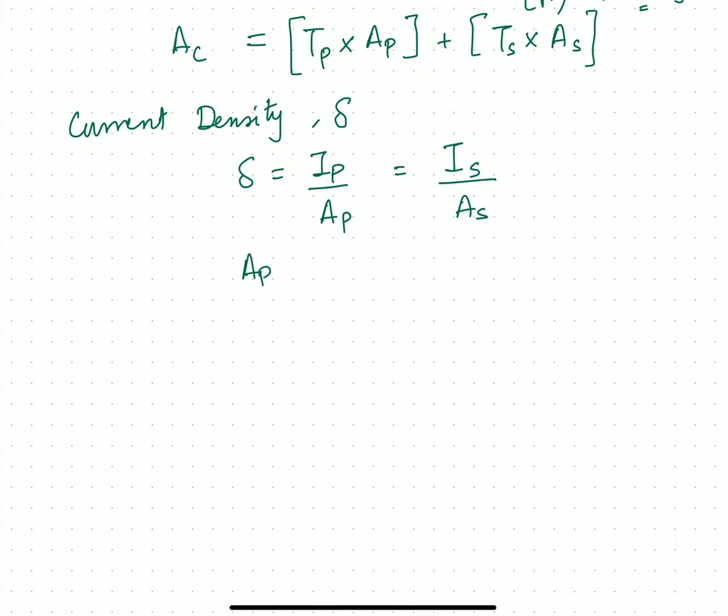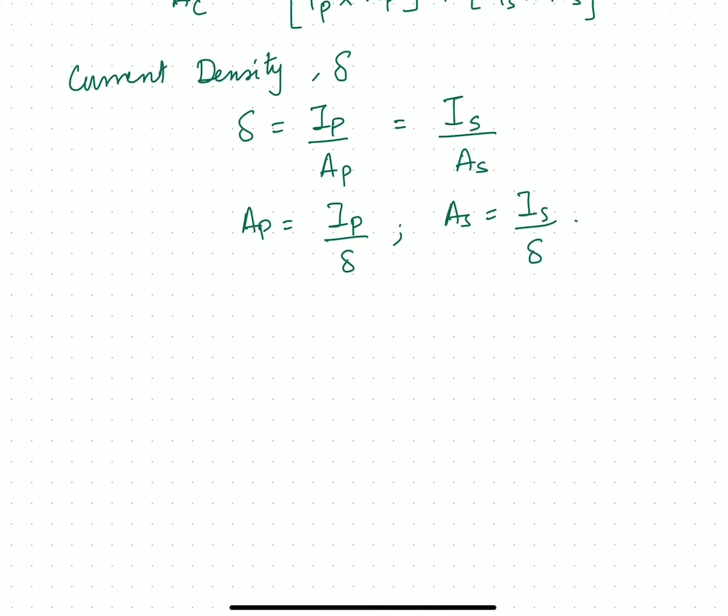Rearranging this, you can get AP in terms of IP and delta, and AS in terms of IS and delta.